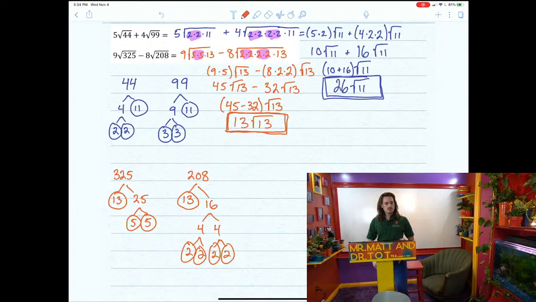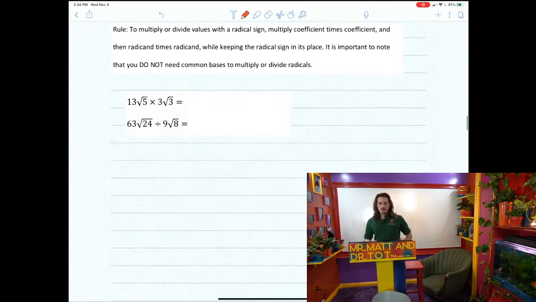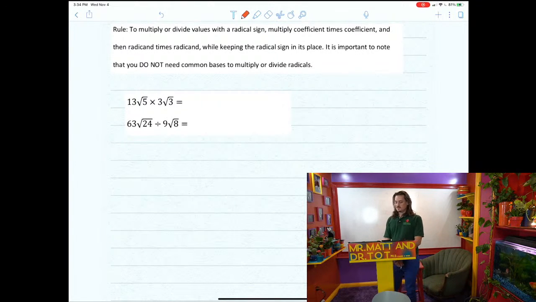If you have any questions, then please let me know. Otherwise, let's move on to multiplication and division. So remember, with multiplication and division, we don't need common radicands.